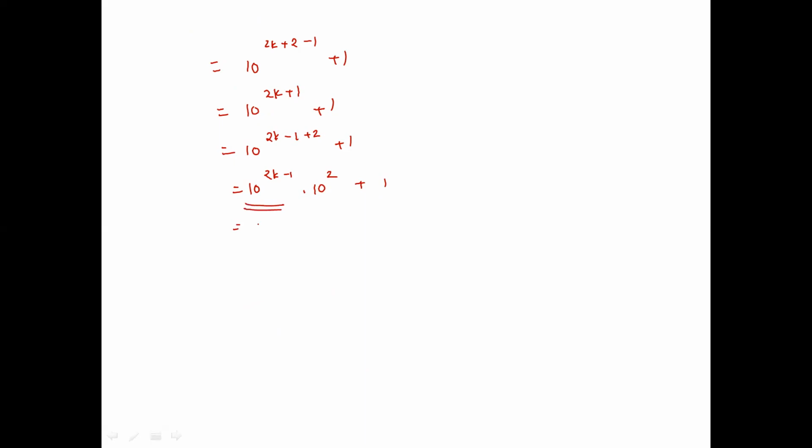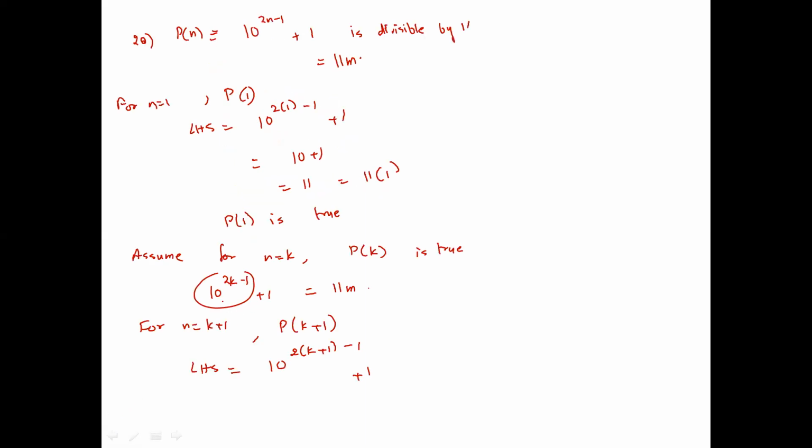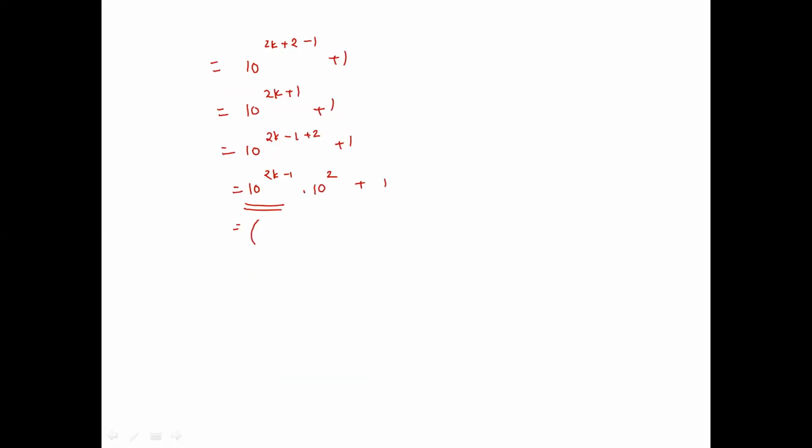And then I will write 10 power 2k minus 1, from n equal to k, as 11m minus 1. So 10 power 2k minus 1, I will write 11m minus 1, into 10 square, plus 1. This is what we got.